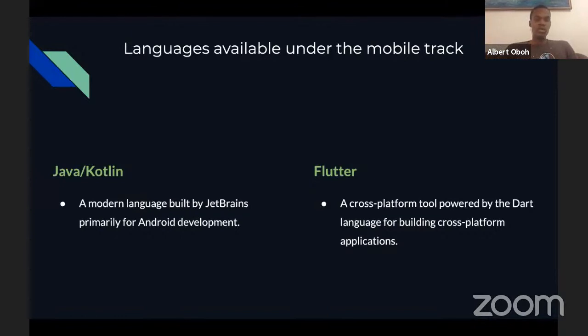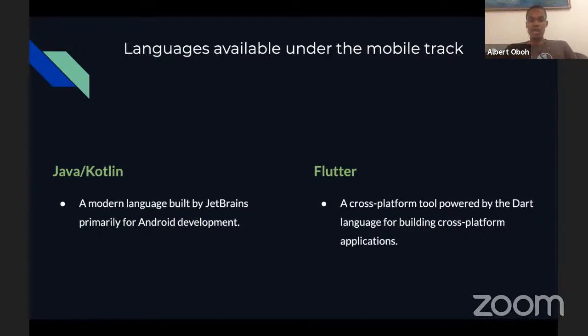Kotlin is quite a new language that was recently built by JetBrains, and majorly used for Android development, but it is also used for a bunch of other things too. You can find it on the back end and other environments.